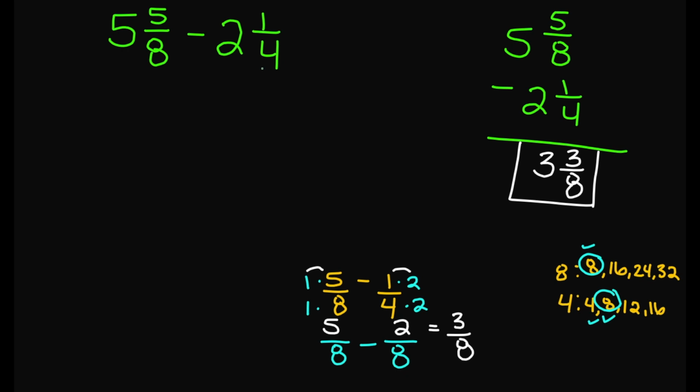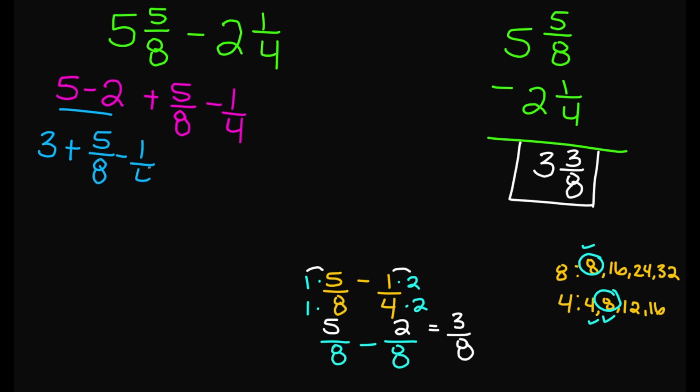So now let's see what it looks like if you were to expand. So if we did 5 minus 2 plus 5 over 8 minus 1 over 4. So 5 minus 2, this is going to be 3. And then you have plus 5 over 8 minus 1 over 4. So you're going to get 3 plus 3 over 8 here.